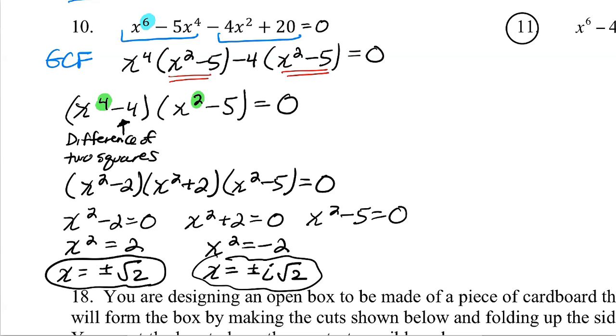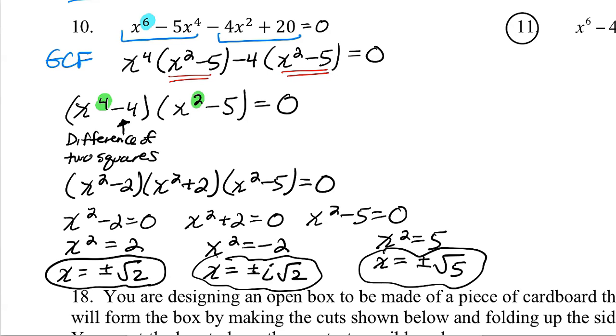There's 2 more solutions. And then we have x squared equals 5, so x equals plus or minus root 5. So there are 6 solutions. We have 2 rational, 2 imaginary, and 2 rational, or irrational, sorry, 2 irrational. 4 total irrational solutions and 2 imaginary solutions for that one.